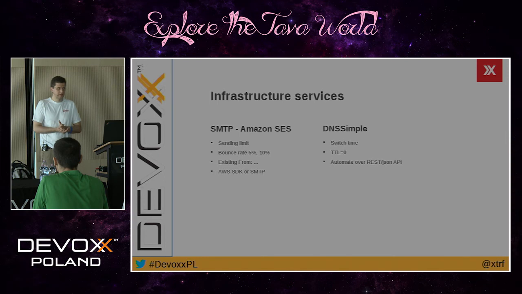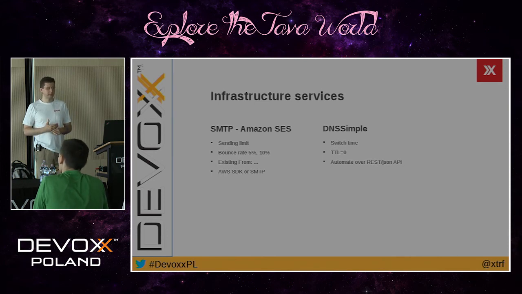However, there's this service, DNS Simple. What they guarantee is TTL equal to 0, which means those changes will be propagated quickly, with zero downtime. So they have really powerful DNS servers. But what's more important, all changes can be performed over a REST web service.